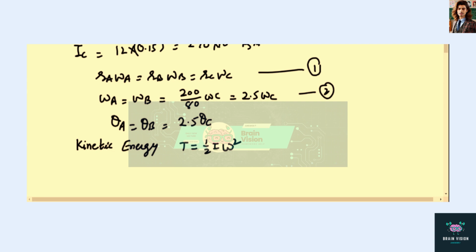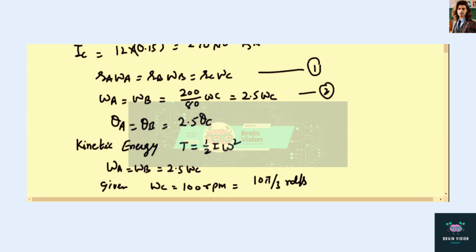Here the angular velocity of A is equal to that of B, which is 2.5 times omega C. Given omega C is equal to 100 rpm, that is 10 pi upon 3 radian per second.